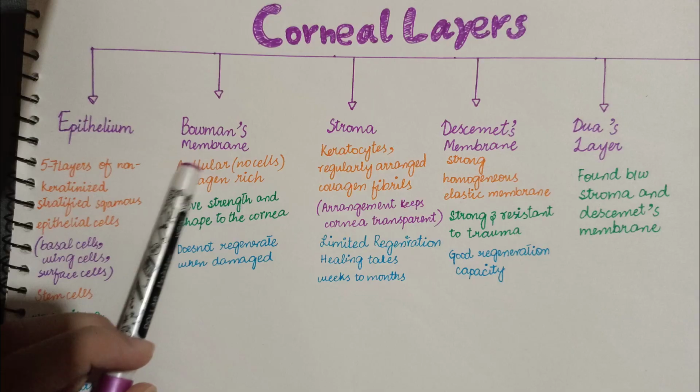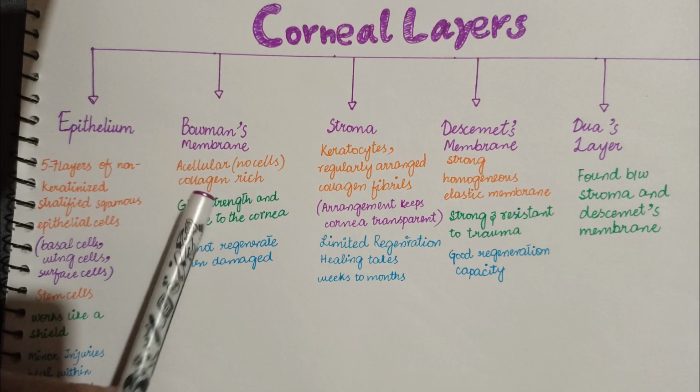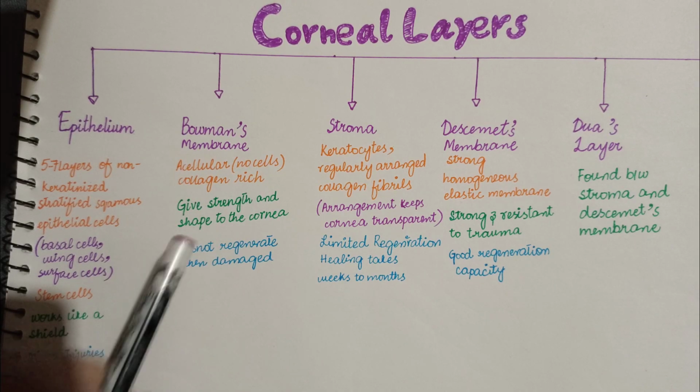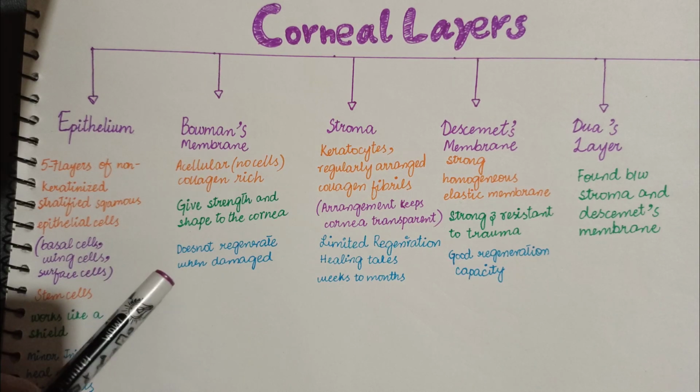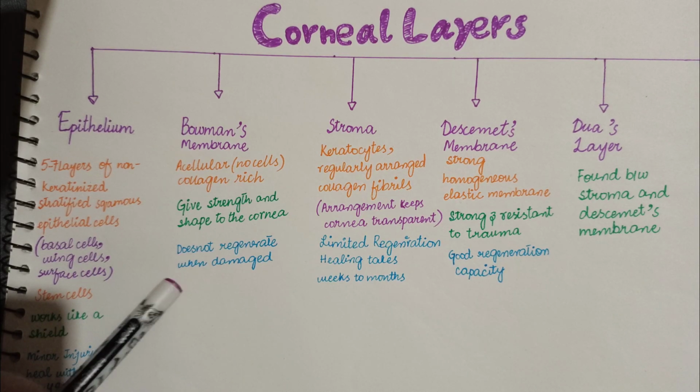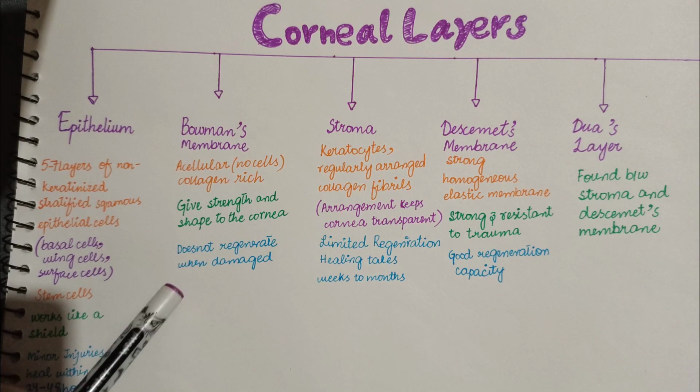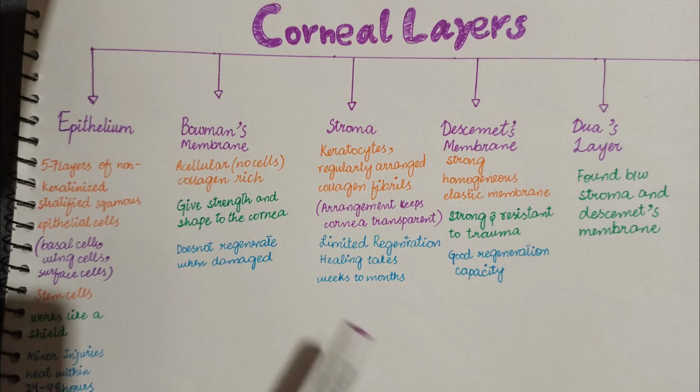It is a tough acellular structure and it is rich in collagen. This layer provides strength and shape to the cornea, and any kind of injury to this layer can lead to permanent damage or opacity because this layer does not regenerate. The central layer of the cornea is stroma.